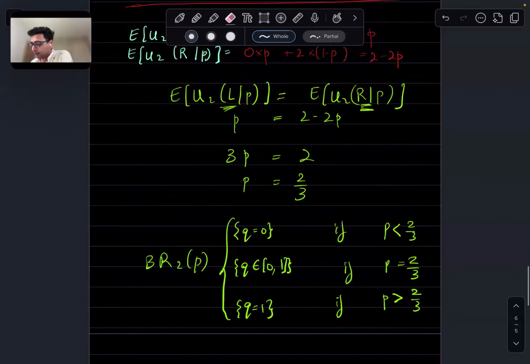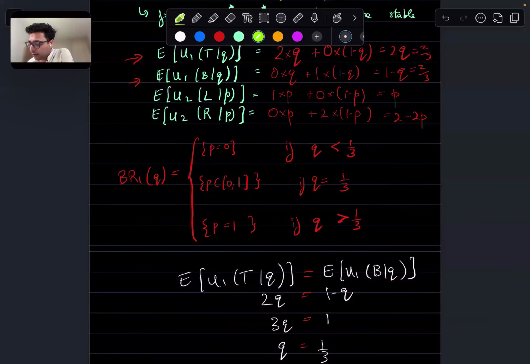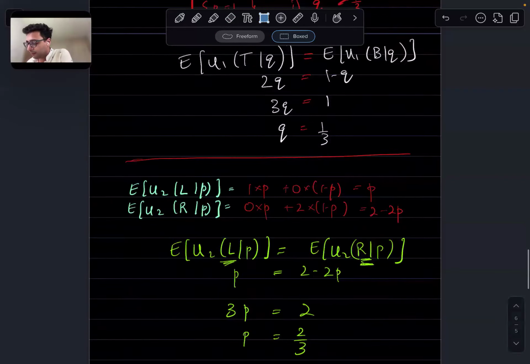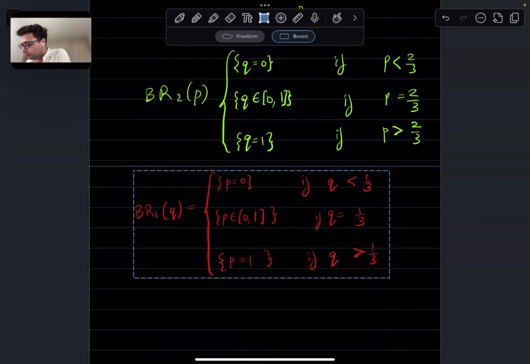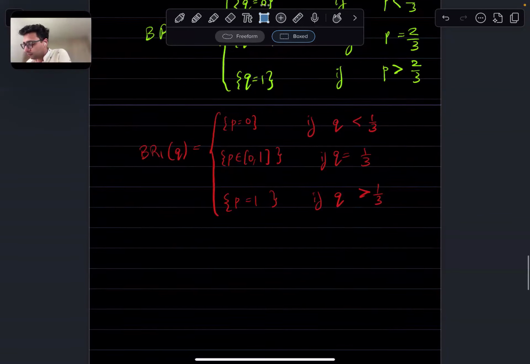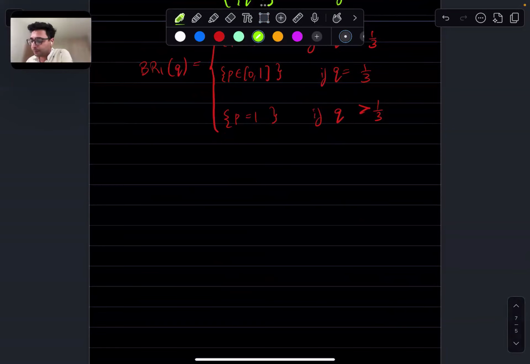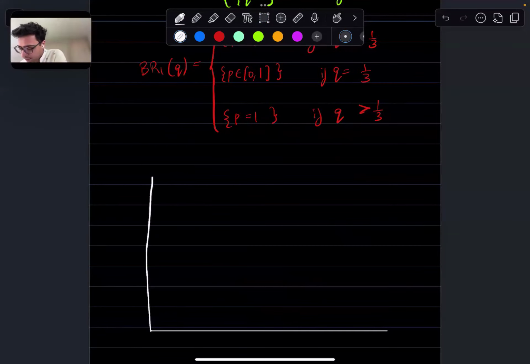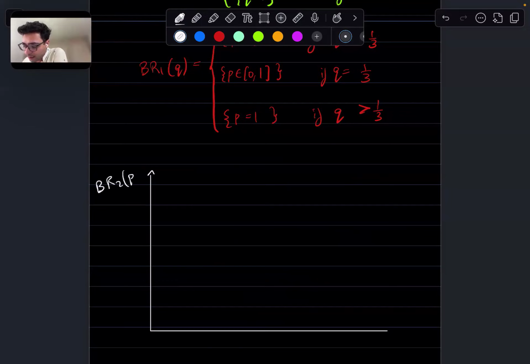Okay. What I'm going to do is copy this again, bring it down there. Now I'm going to make a graph. Let's suppose we have BR2 of P on the y-axis and P on the x-axis.